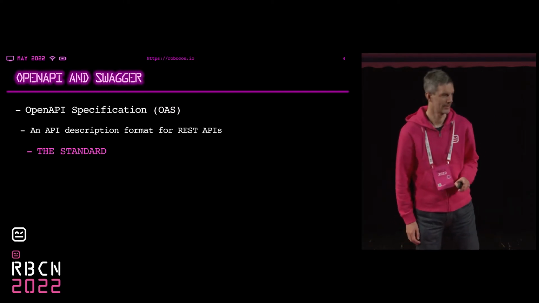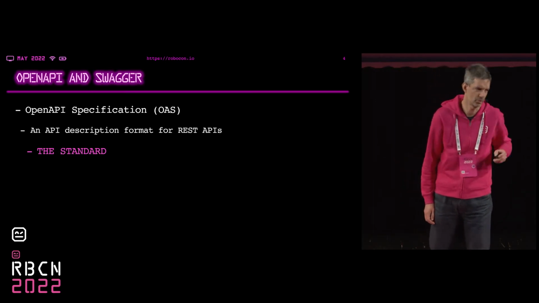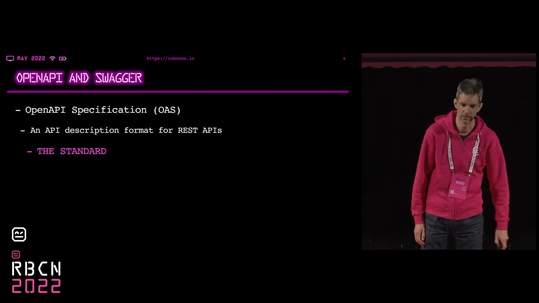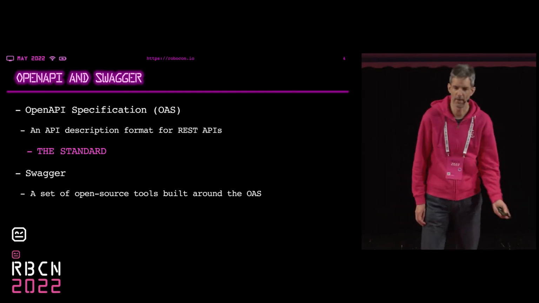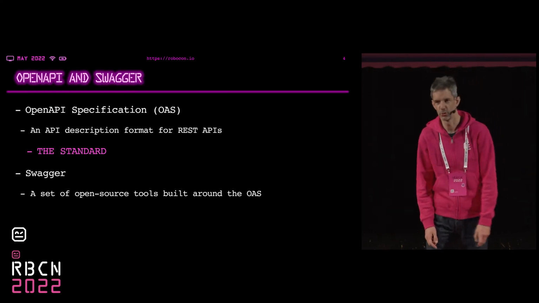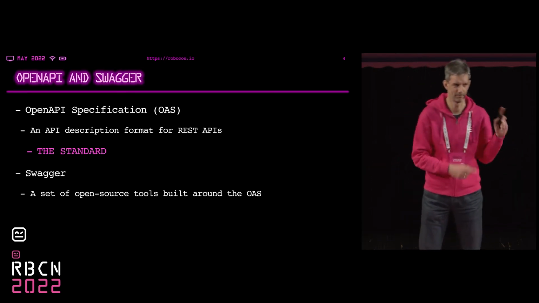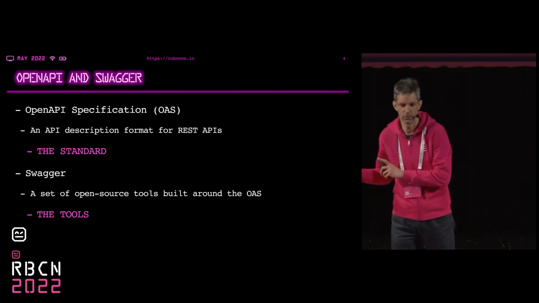This is a standard, and it's an architectural standard mostly. So this is the one hand. Then we have Swagger. And if you Google that, you'll find like Swagger.io. This is a set of open source tools built around the Open API specification. So we have a standard and we have the tools.